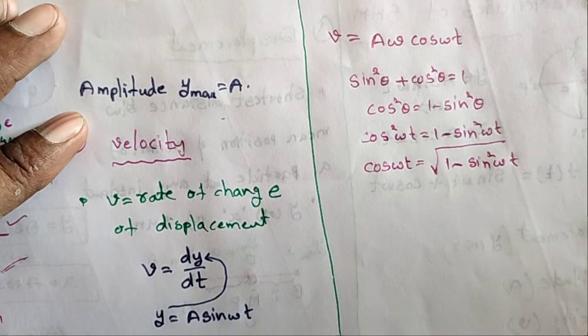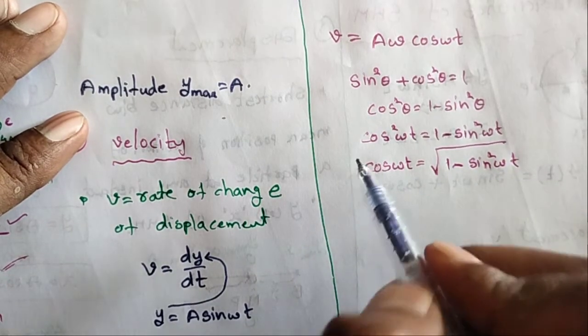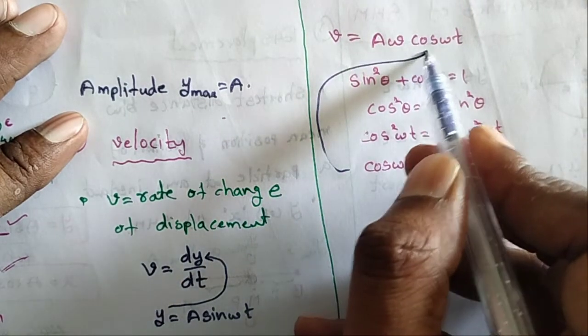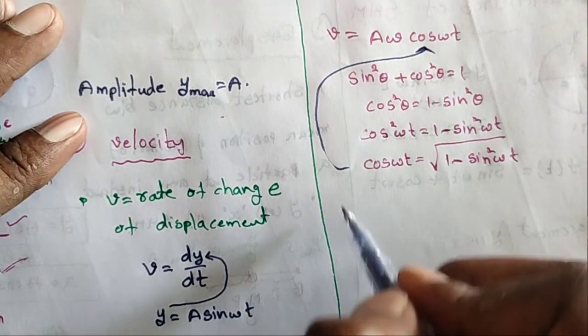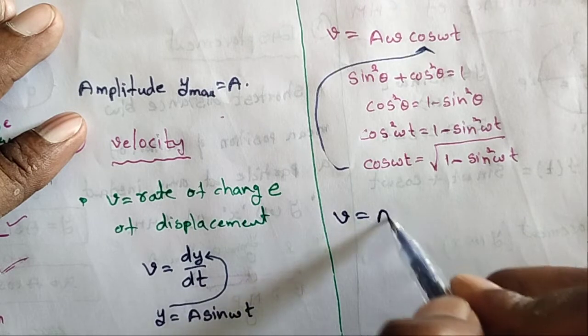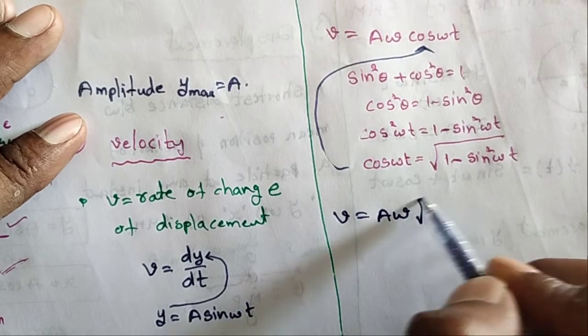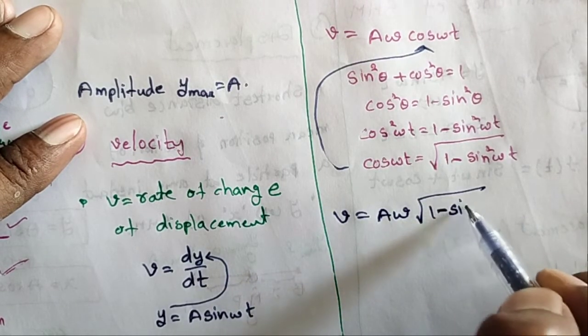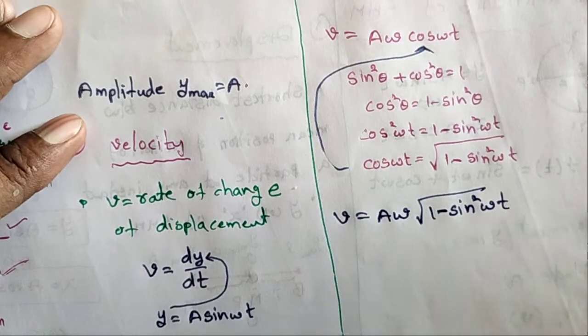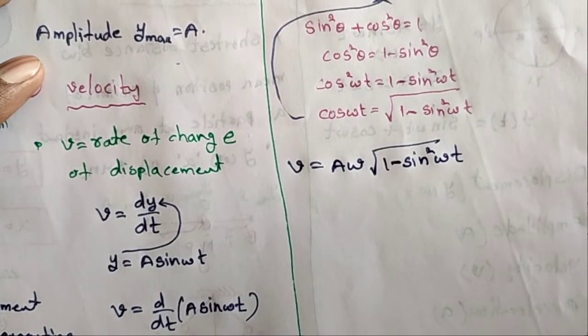Substituting this in the velocity, v is equal to a omega under root of 1 minus sin square omega t.